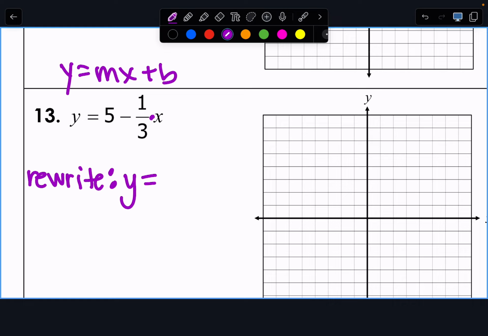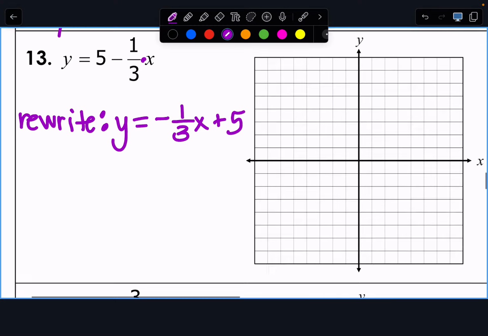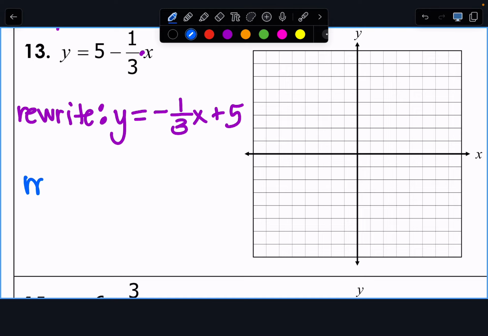The negative belongs to the 1/3. So we're going to rewrite this with me. Negative 1/3 x, and then what do we write? It is a positive 5, so we're going to write a plus 5. Now we can identify that our slope is negative 1/3 and our y-intercept is a positive 5.